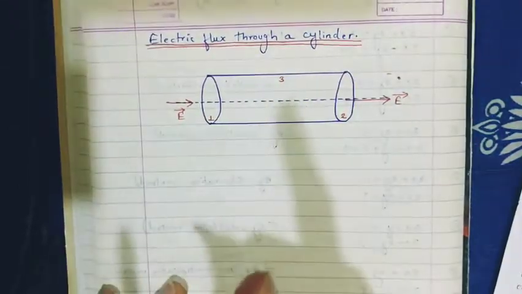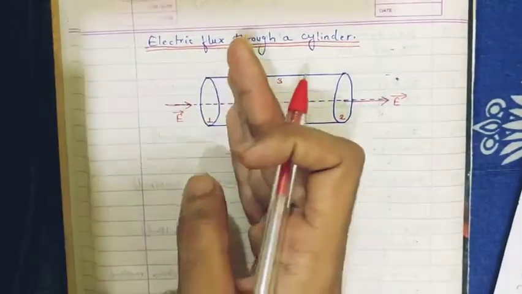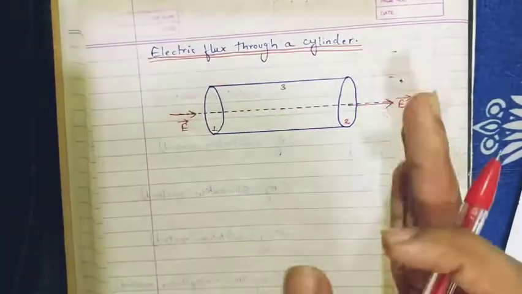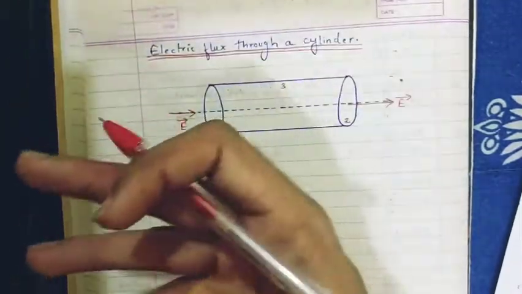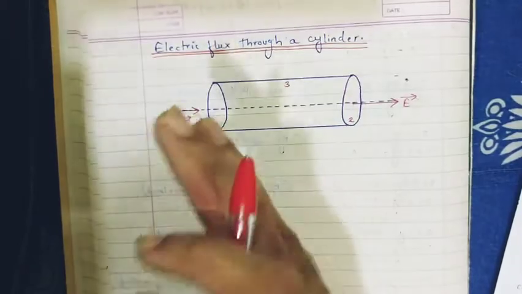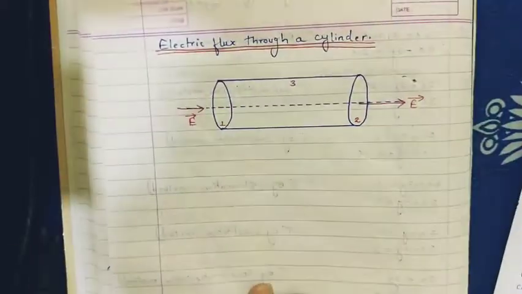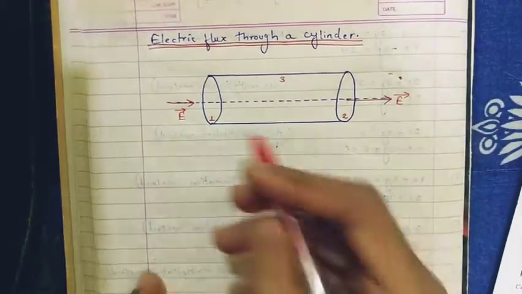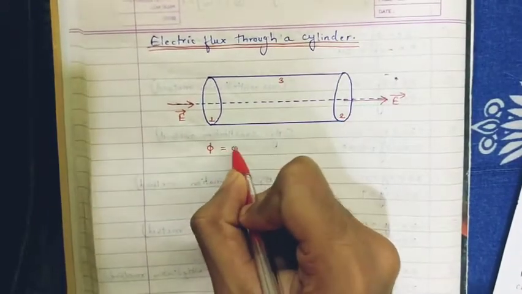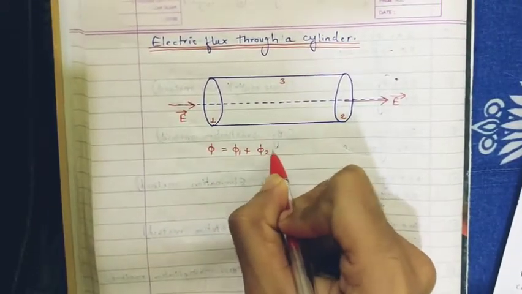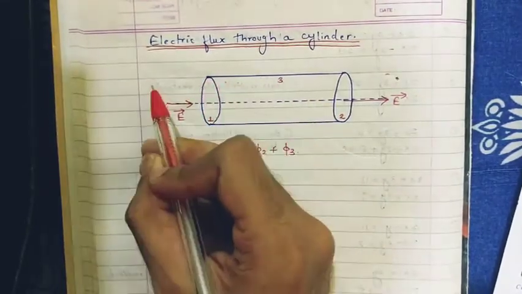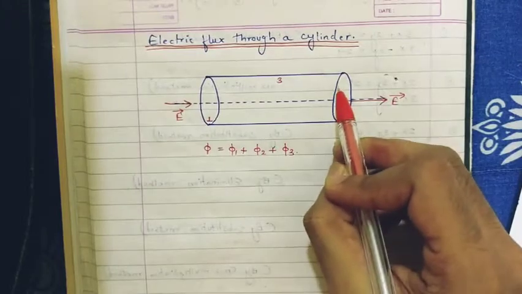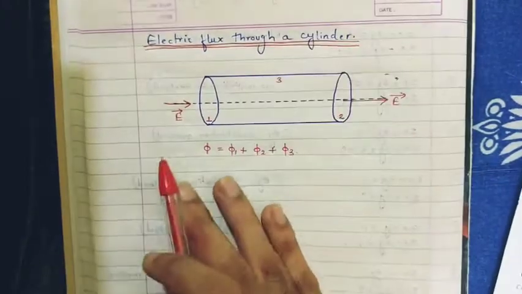Our intention is to find out the total flux coming out from the first, second and third surfaces, let's say phi 1, phi 2 and phi 3, and add them together to get the total flux coming out from the entire cylinder. So the total flux phi is phi 1 plus phi 2 plus phi 3, wherein phi 1 is the flux coming out from surface 1, phi 2 from surface 2, and phi 3 from surface 3.